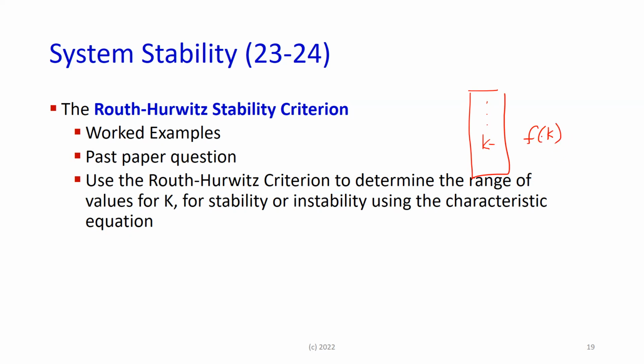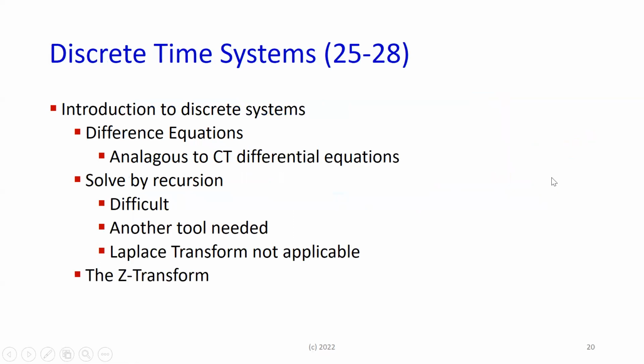And you have to see what value of k makes that function greater than 0 for stability, or less than or equal to 0 for instability. There are some worked examples on that, and a number of questions available for you to go through as part of your revision.